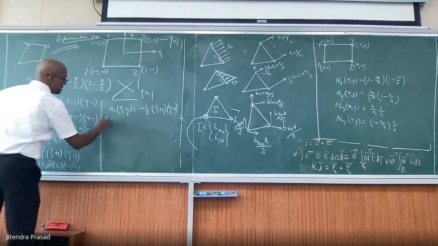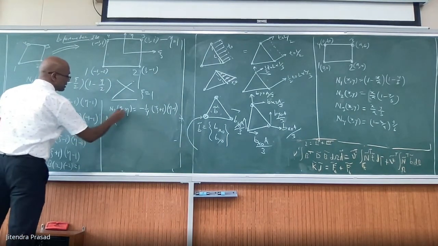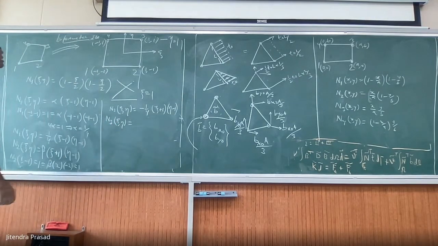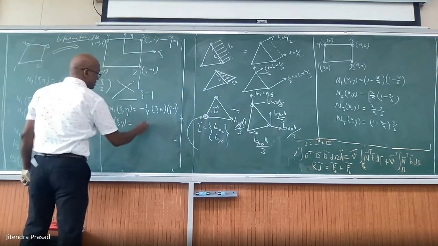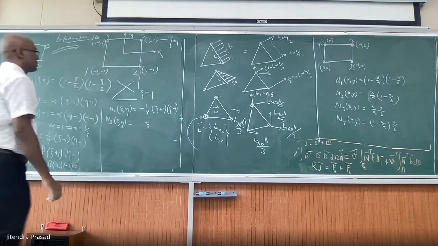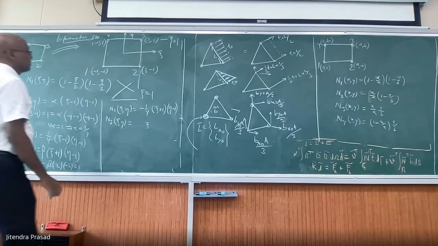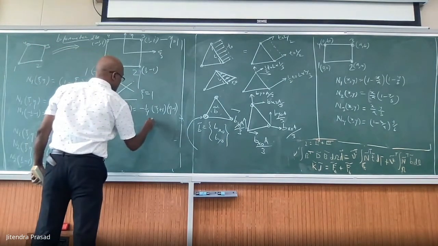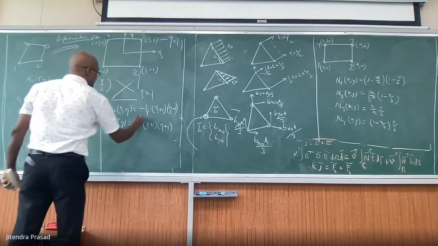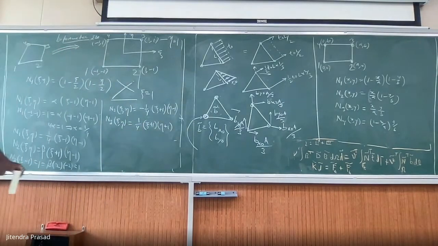Similarly, N3(xi, eta) is equal to, this will be (xi plus 1)(eta plus 1), and it will be 1 over 4. Right?